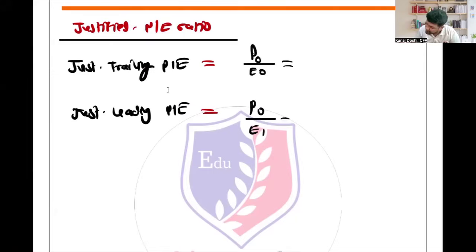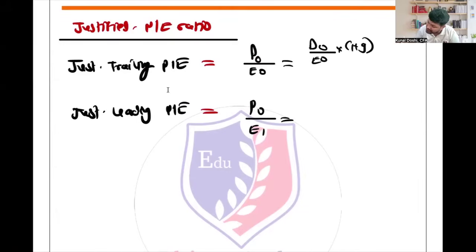Now, if I further expand this, the price is Gordon's growth price. So what happens here? It is D1 over E0. So I'll also break D1 as D0 over E0. D1 I'm breaking up into D0, so here it is going to be E0 into 1 plus growth.